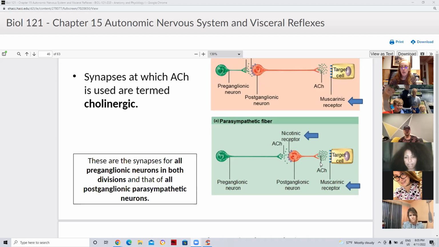So the two types of receptors that are found at cholinergic synapses are nicotinic receptors and muscarinic receptors. And these are the synapses found in all preganglionic fibers in both divisions and all postganglionic parasympathetic neurons.